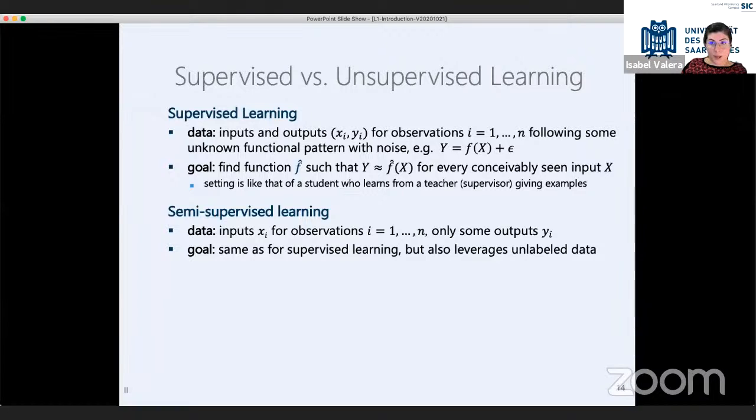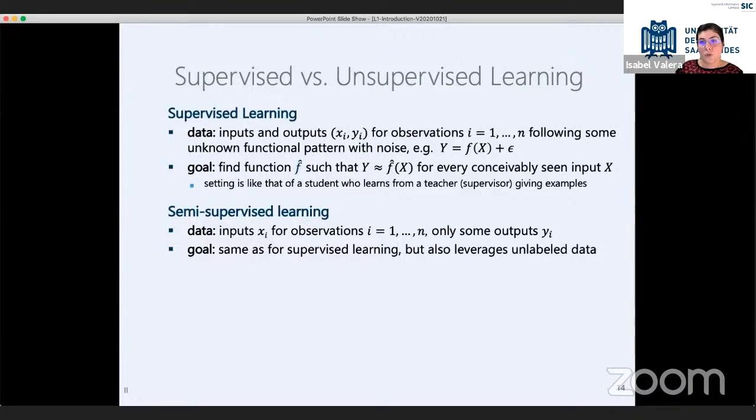So in terms of supervised versus unsupervised learning, the examples I just mentioned were all supervised, because we had an input feature X and an output or target variable Y, which we were interested in predicting. We just want to fit an F hat that tries to capture the relationship between X and Y. This is the standard supervised setting.